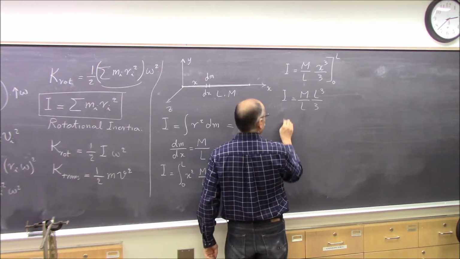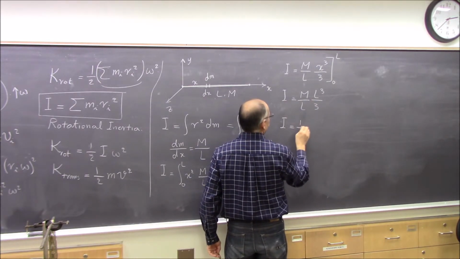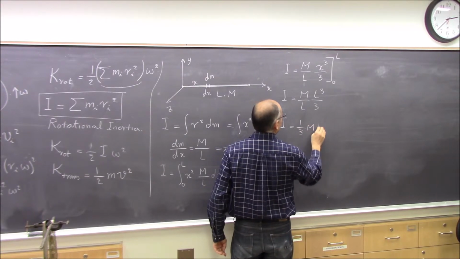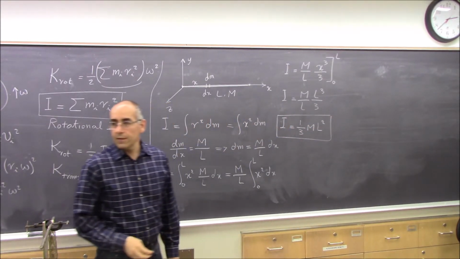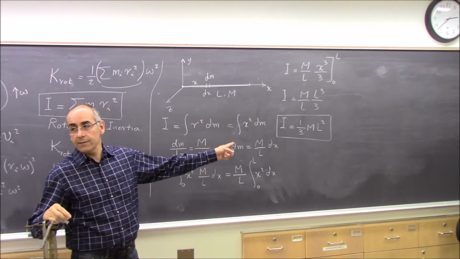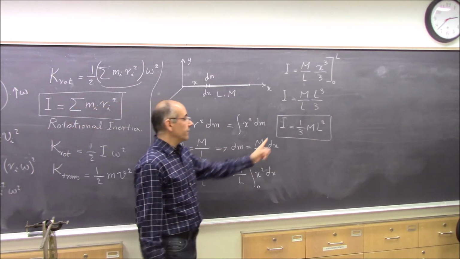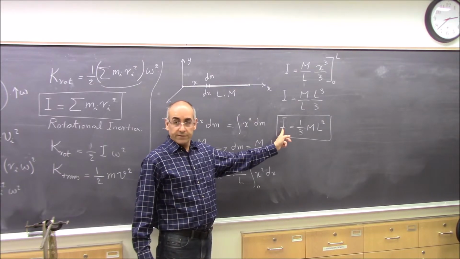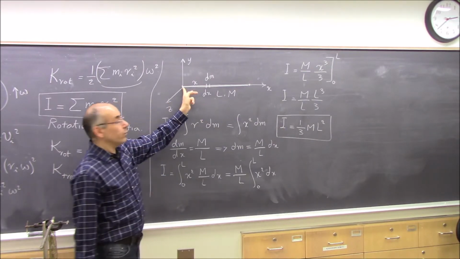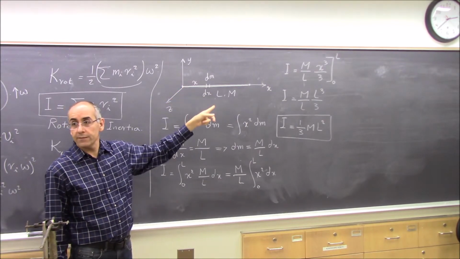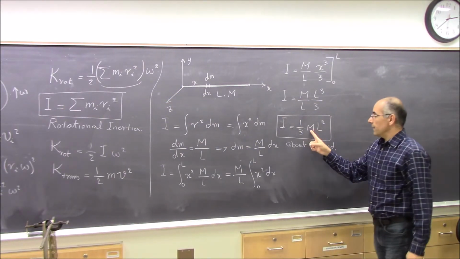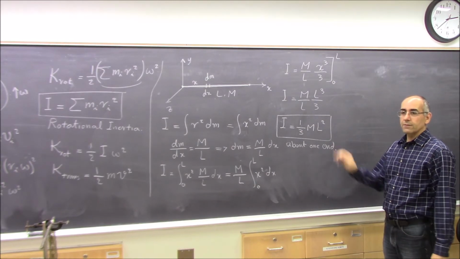And then you can write this as I equals 1/3 M L squared. And this is the formula that you find in your book. It says the rotational inertia for a thin rod rotating around one end, with the axis of rotation perpendicular to the rod, has mass M, length L, so this is the formula.